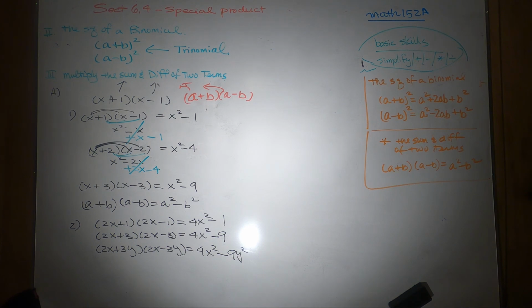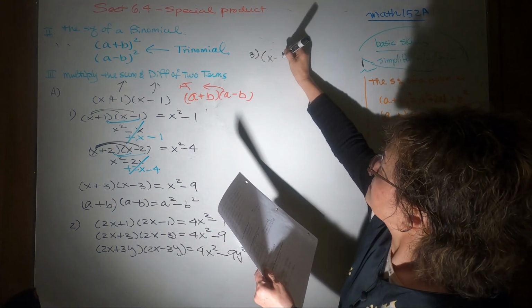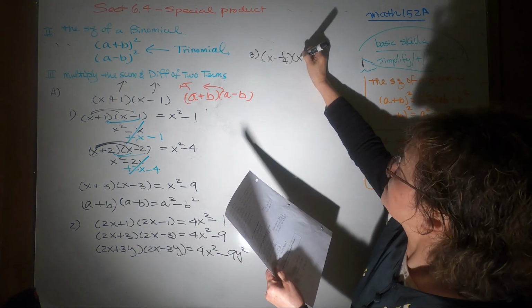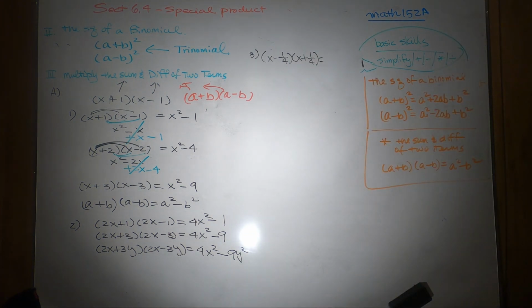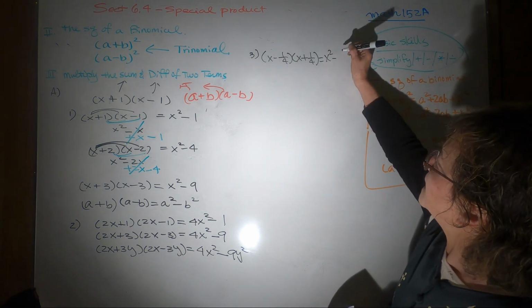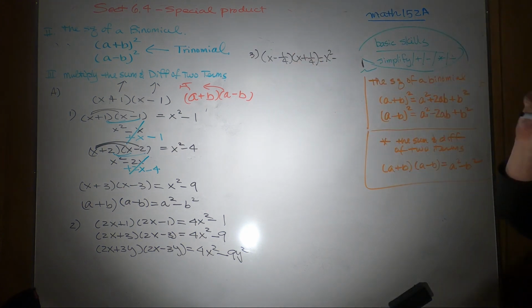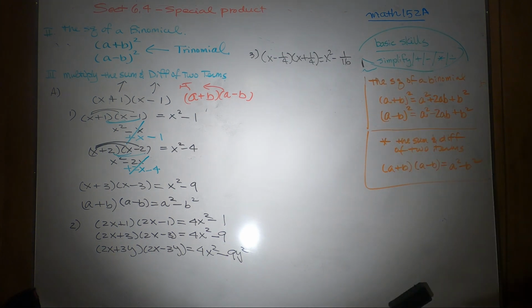So if you do the next one, if you have x minus 1/4 times x plus 1/4, can you do the same thing with fractions? Yes, because one is the sum and another one is the difference of two terms. So all you have to do is first square minus second one, 1/4 times 1/4 is 1/16.